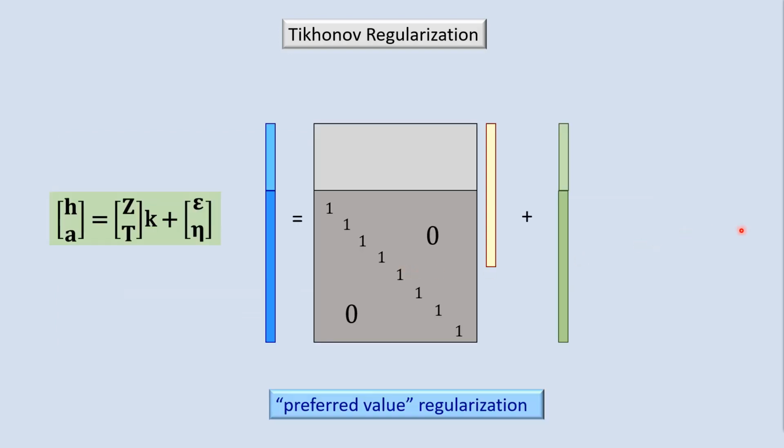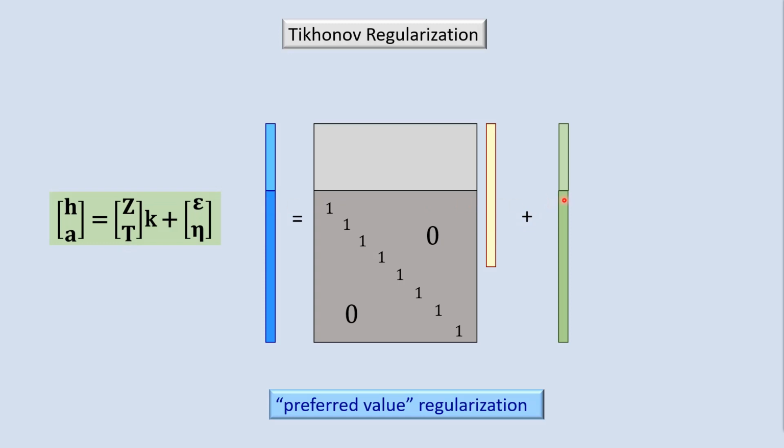Now there are a number of ways we can do this. I call it preferred value regularization when our T matrix looks like this: 1's down the diagonal and 0 off-diagonal elements. What the T matrix specifies in this case is that each parameter has a value equal to the corresponding element of this A vector.